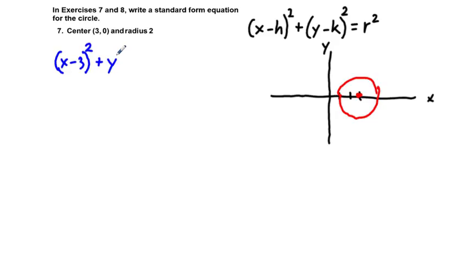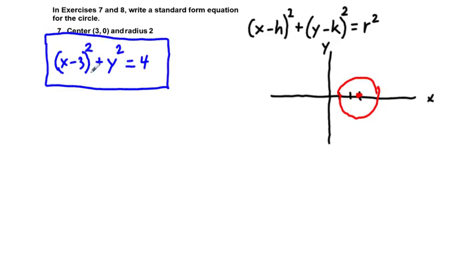So we have plus y squared, because remember, in our standard form, quantity y minus k squared, and y minus k has to be 0, so k has to be 0. And so we have equal r squared. Well, r is 2, so 2 squared is 4. So this is going to be our standard form equation for this particular circle.